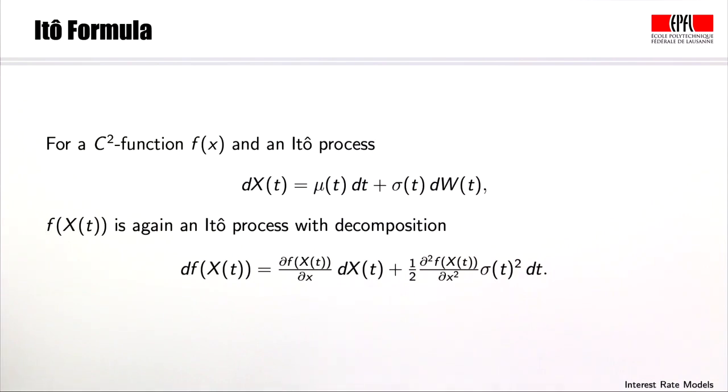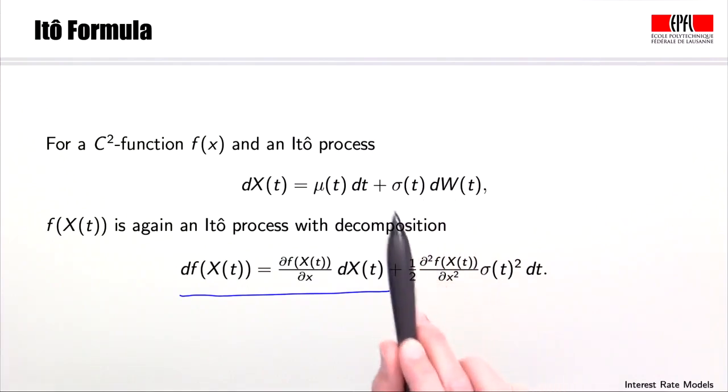It is important to see that real calculus would give us a total derivative that is underlined. But this would only hold if xt would have differentiable trajectories.